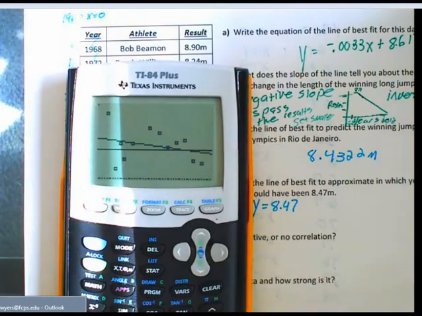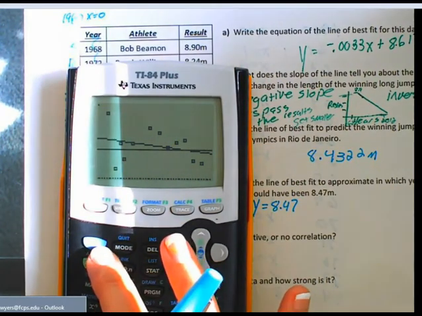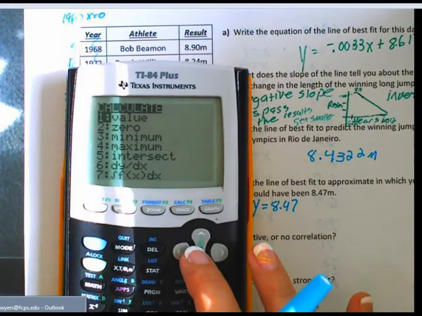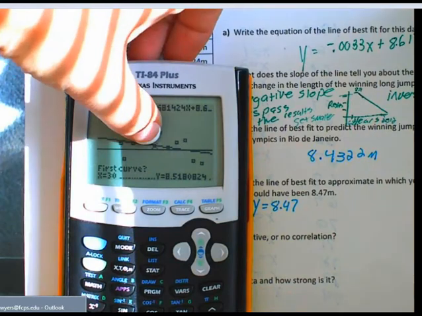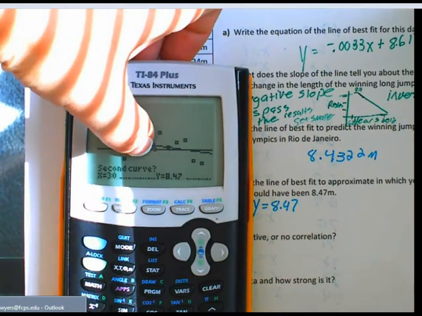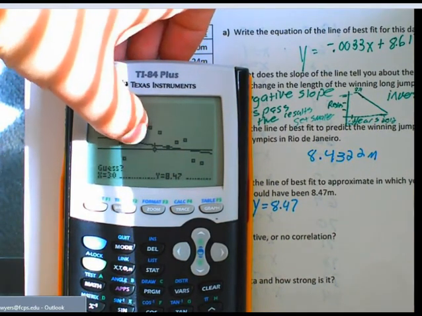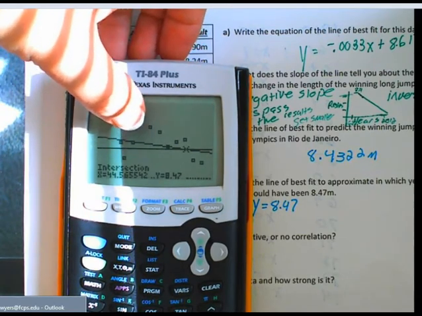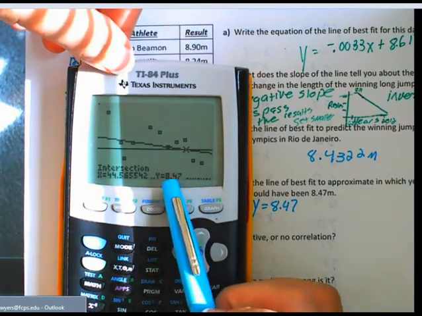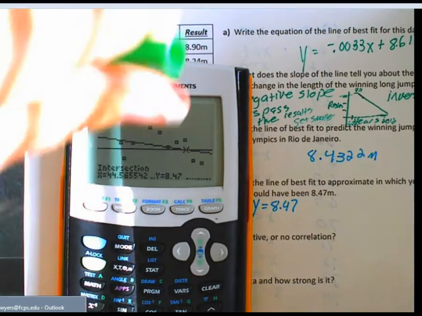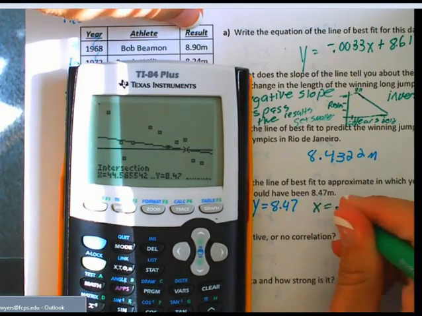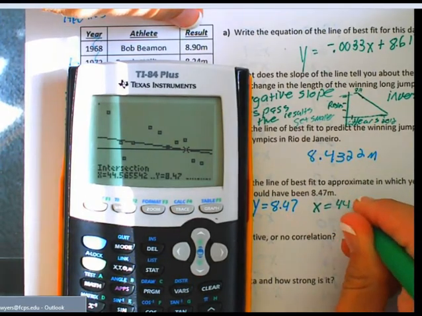So once you've typed that into your y equals, you can go to second trace, intersection. Notice the cursor is on this line. I press enter, it jumps down to this line, press enter again. Then guess, press enter one more time, and it says where y is 8.47, x equals 44.5.